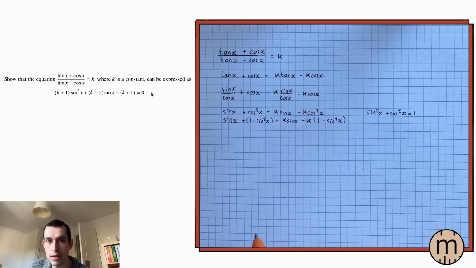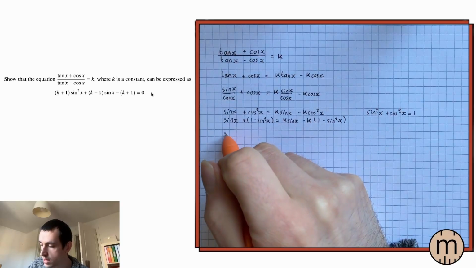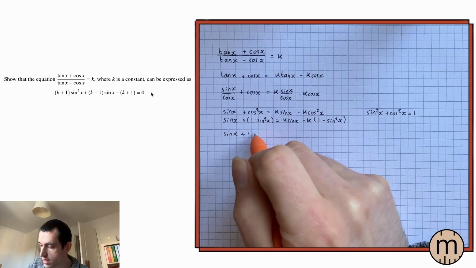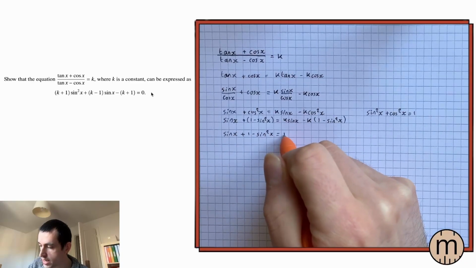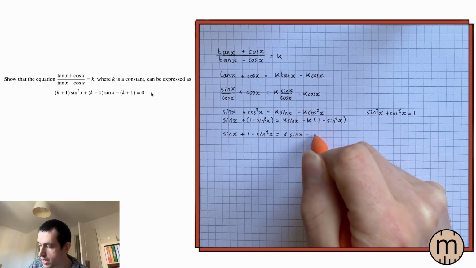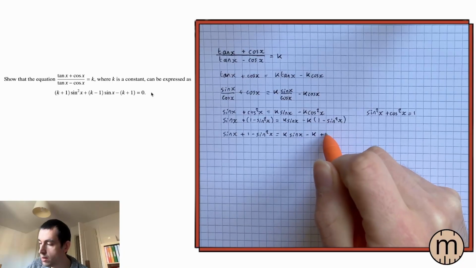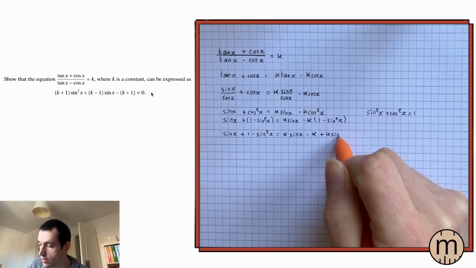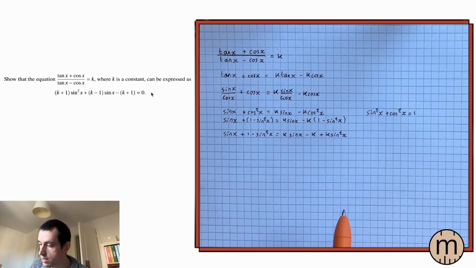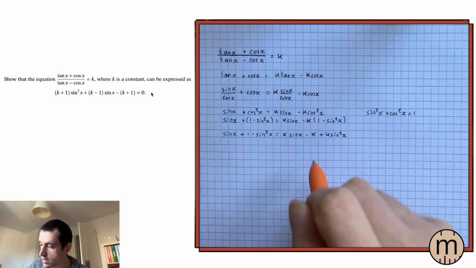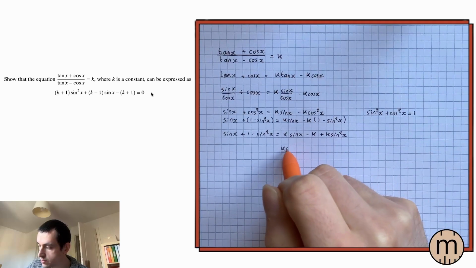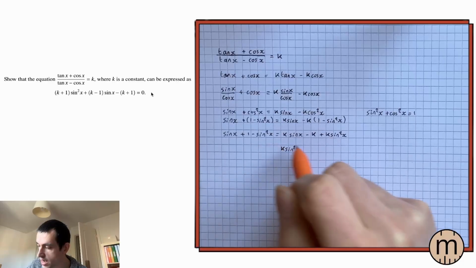It's just a case of putting it in the form that they want. So let's see how to do that. Let's expand this bracket at the end. Minus k, and then it's going to be plus because it's two negatives in a row. Like this. And this side seems like the positive side, so I'm going to add sine squared.